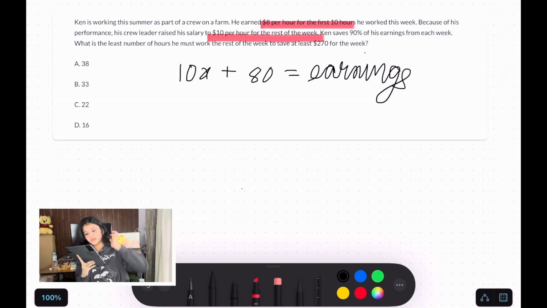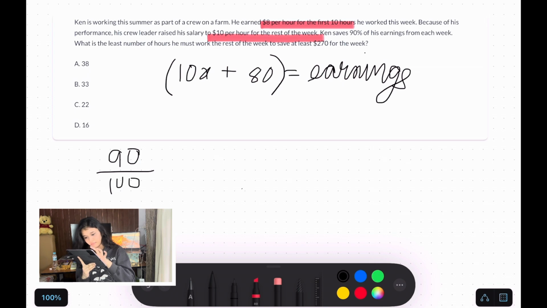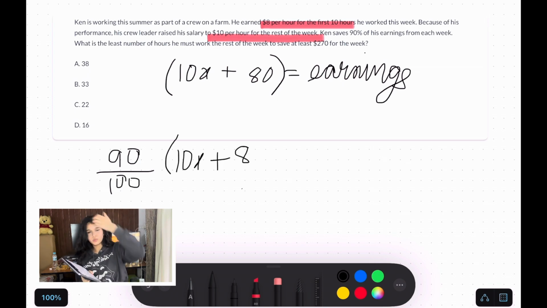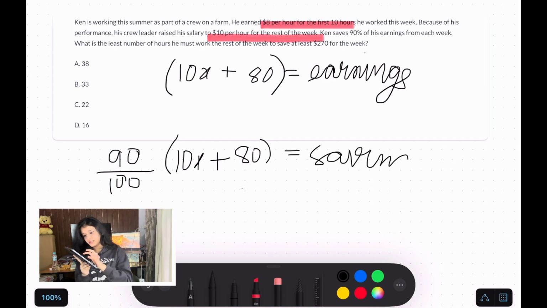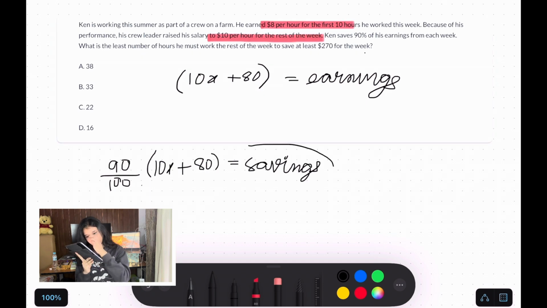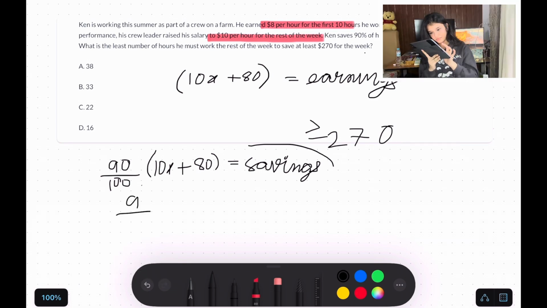Now it says that he saves 90% of his earnings. So 90 by 100 of his earnings, that is 10x plus 80, is equal to his savings, right? And from there we can say, since the question mentions that savings has to be at least $270, the sign would be greater than or equal to, right?